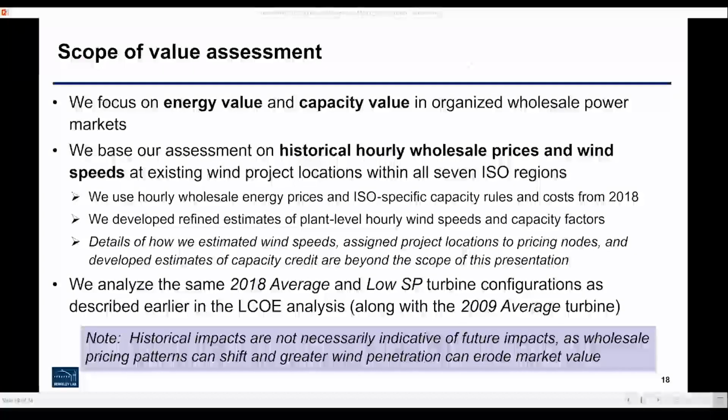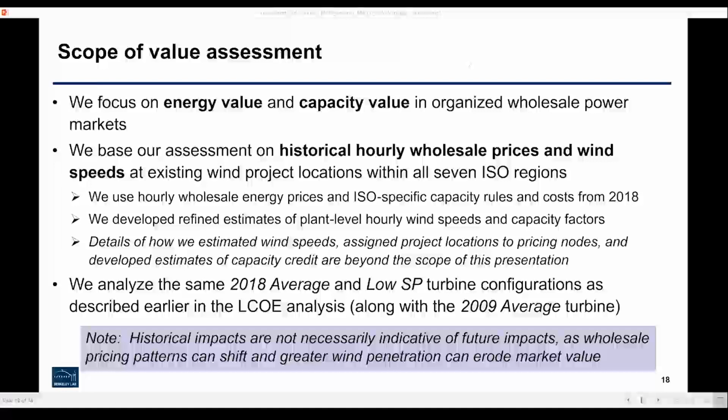So we can use those wind speeds to model generation of our different turbines and match that generation with the hourly price series at each site individually, and that allows us to develop estimates of the hourly energy wholesale value. We can also use those hourly profiles of generation to match with the capacity rules and capacity prices in each independent system operator region and develop capacity value estimates.